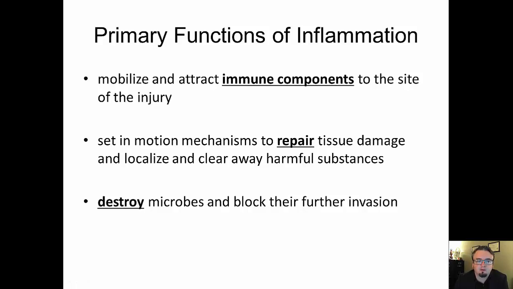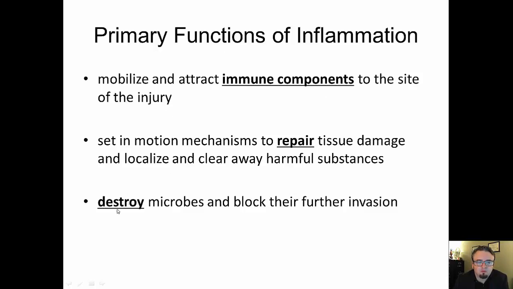And that alarm is ultimately geared towards attracting and mobilizing immune components. These include white blood cells, first and foremost. And the different signals that they give off bring in even more aspects of the immune system, like antibodies and things like that. So ultimately, it's an alarm system saying there's something happening here, we need to get some help over here, and so that is part of that process.